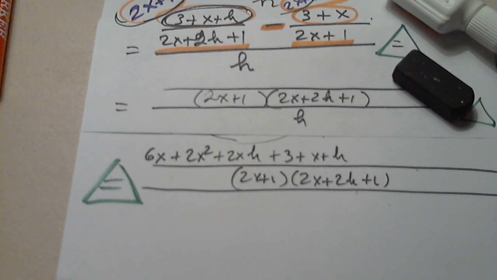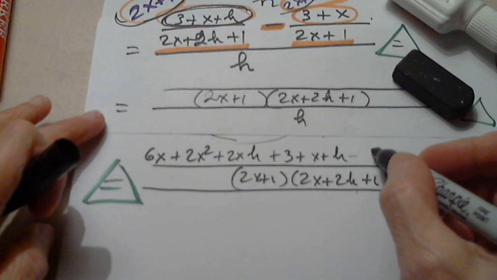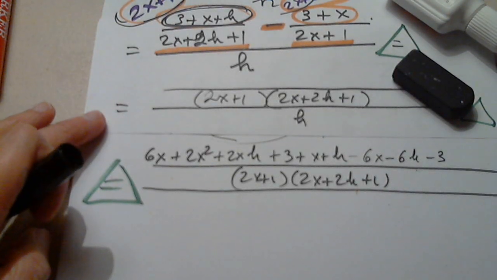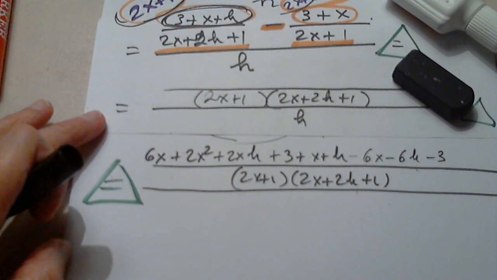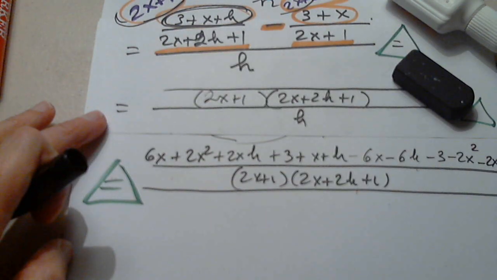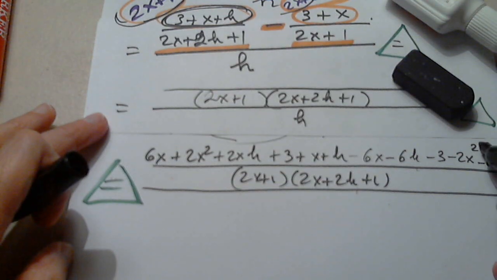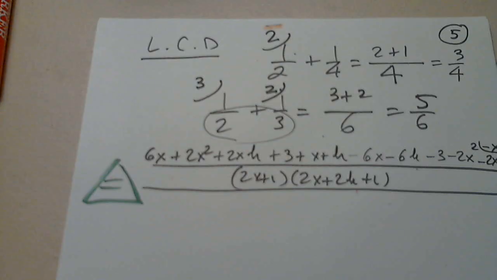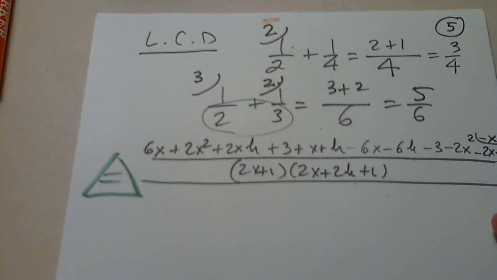So, negative 6x, negative 6h, negative 3. Minus 2x squared, minus 2xh, and minus x. Sorry about that. I still ran out of room. So this is minus here.